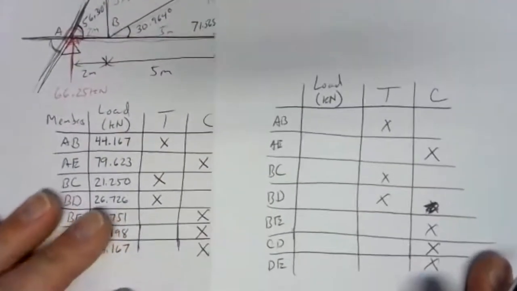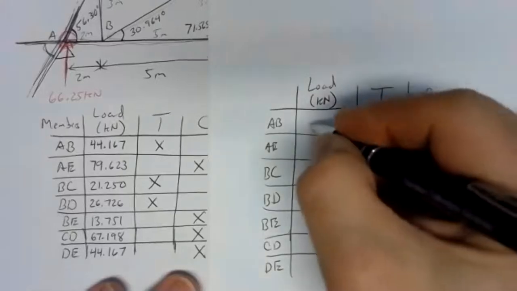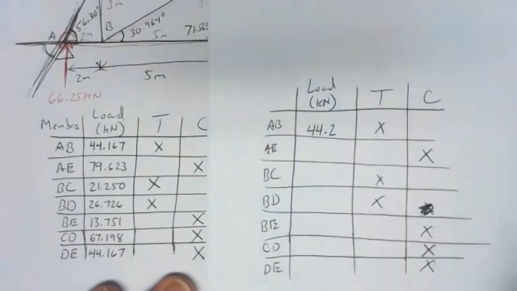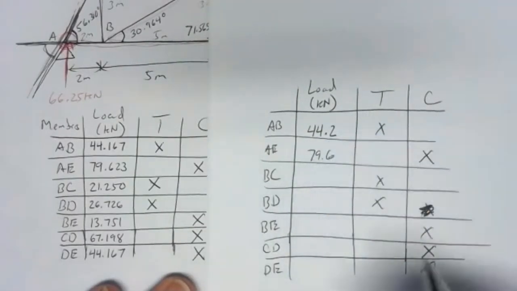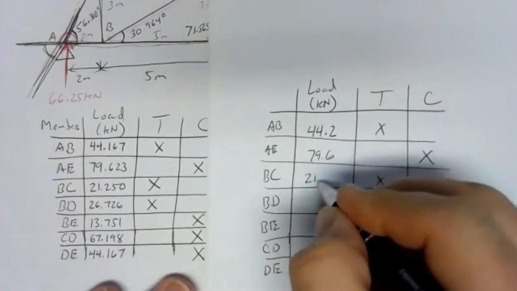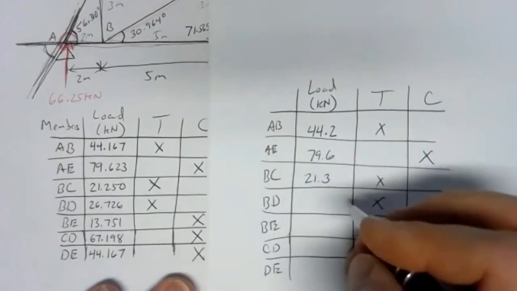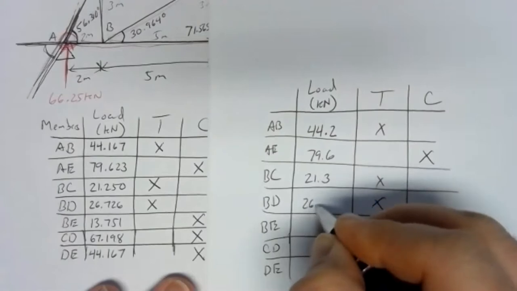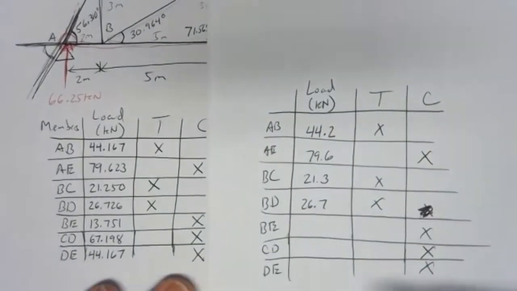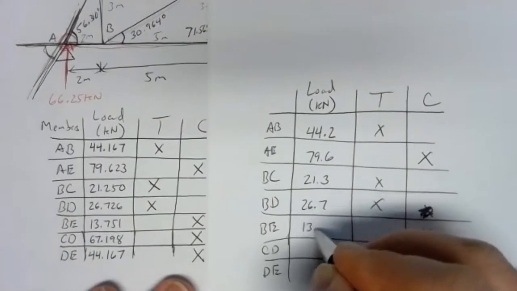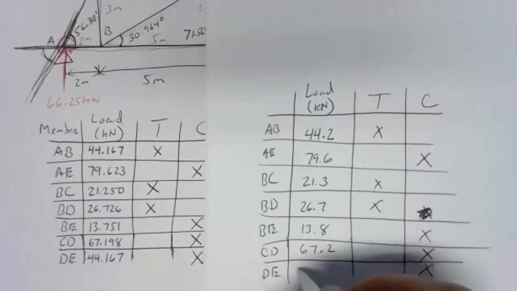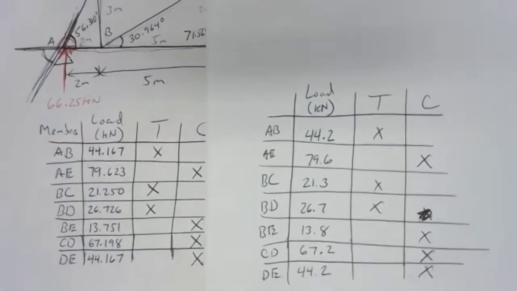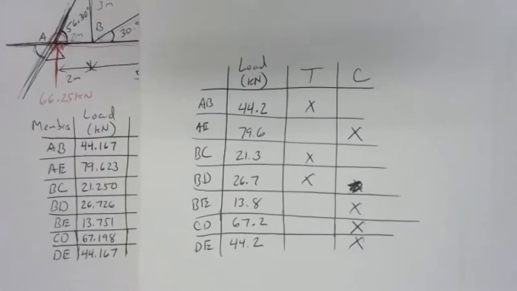So we can go ahead and round those out. 44.167, that'd be 44.2 kilonewtons. 79.623, 79.6. 21.250 would be 21.3. 26.726 would be 26.7. 13.751 would be 13.8, 67.198, 67.2, and 44.2. So there we go. There's our final table. And the problem's done.